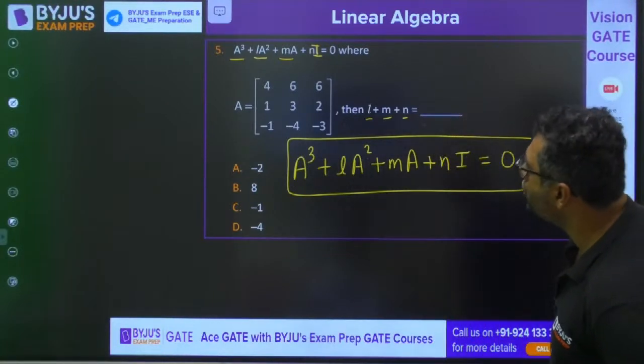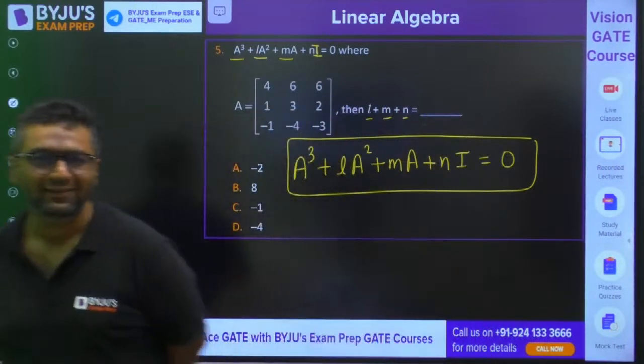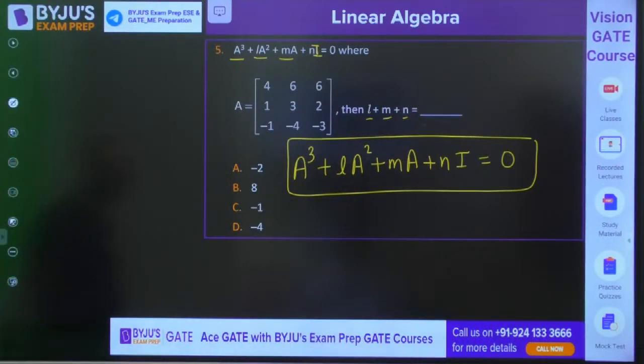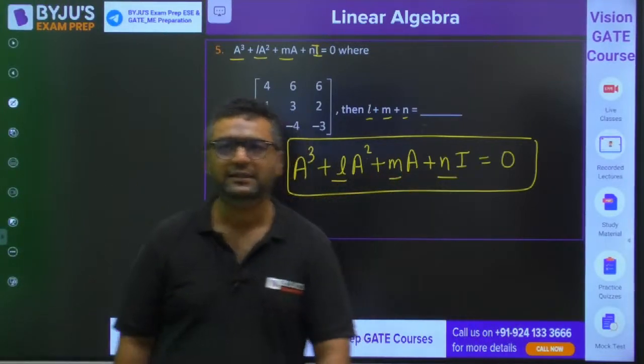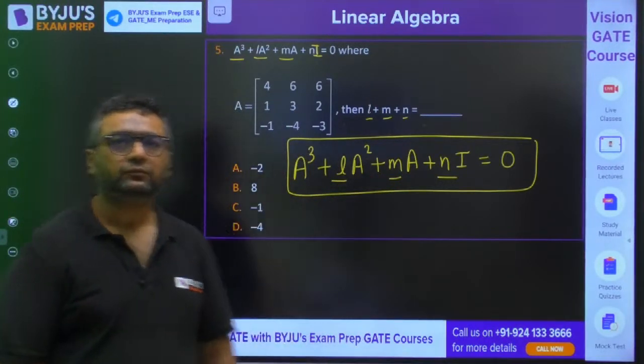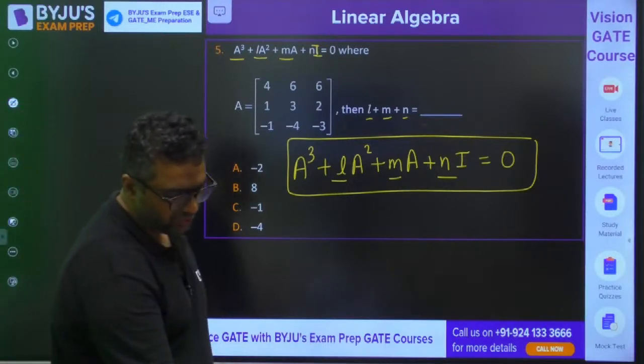So this is question number 4th or 5th, whatever. Don't see the number, just solve it. This is the equation given. You just need to make the equation and then you can compare L, M, N, and then you can very easily answer it. Solve this question, guys.